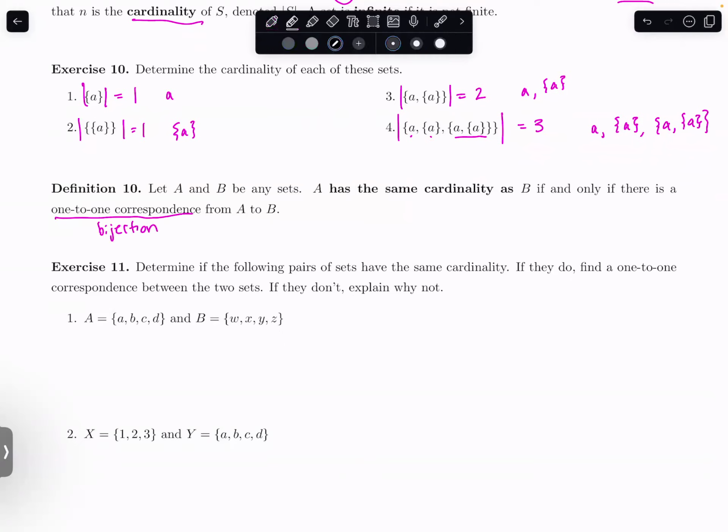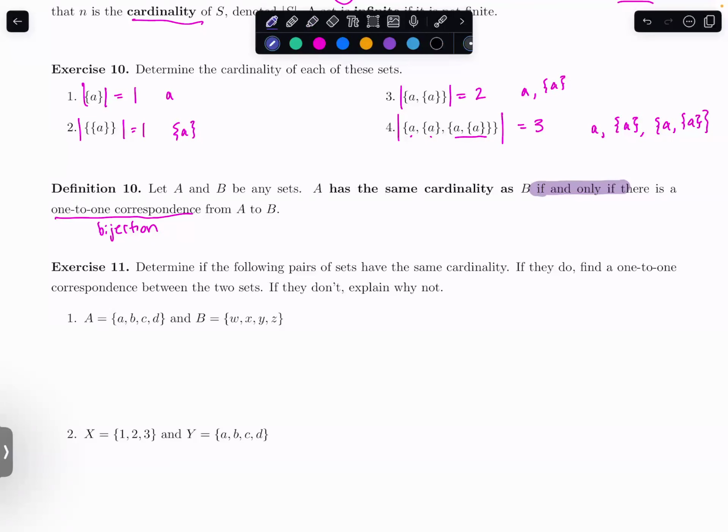And the fact that this is an if and only if statement means that if you have a bijection between 2 sets, then you know they have the same cardinality. Or if you know 2 sets have the same cardinality, then you can come up with a bijection between them. So this if and only if is good. If you know one thing, you know the other. And so that's really powerful.